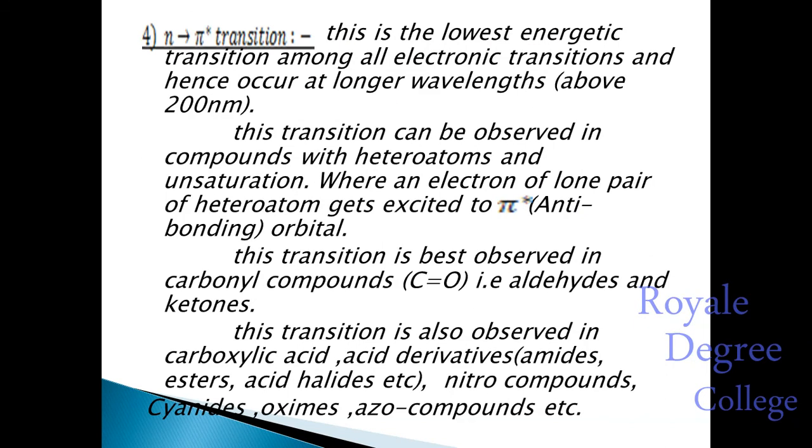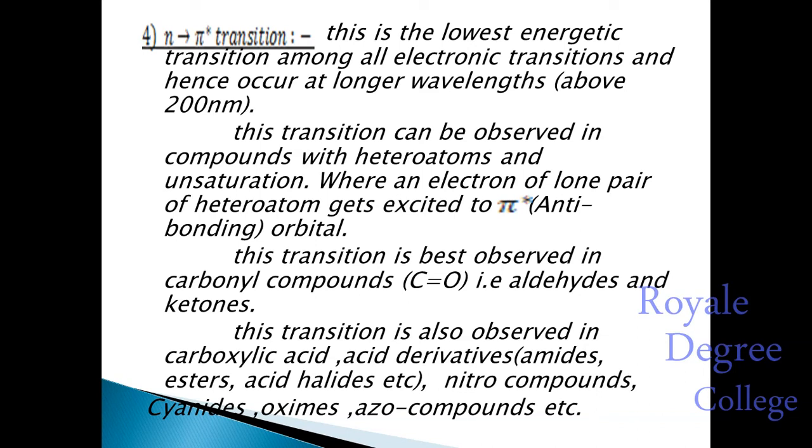The fourth type of transition is n to pi star transition. This is the lowest energy transition among all electronic transitions and hence occurs at longer wavelengths, that is above 200 nanometer. This transition can be observed in compounds with heteroatoms and unsaturation, where an electron of the lone pair of the heteroatom gets excited to pi star, the antibonding orbital.